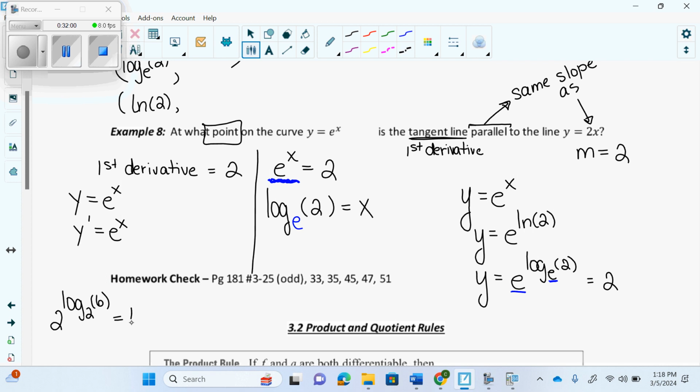It's 6. When this base and your exponent base are the same, your answer is what's beside it. It will always be. If you don't believe me, type it into your calculator. Type in e to the log base e of 2 and you're going to get 2. So your y value is actually 2.